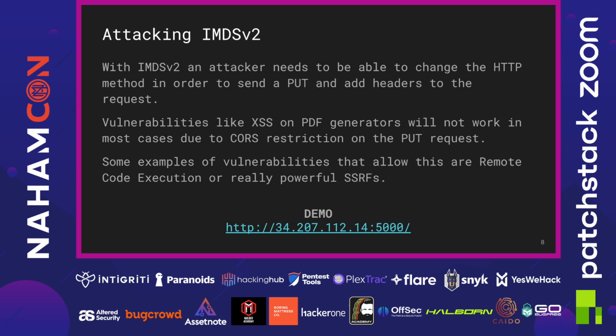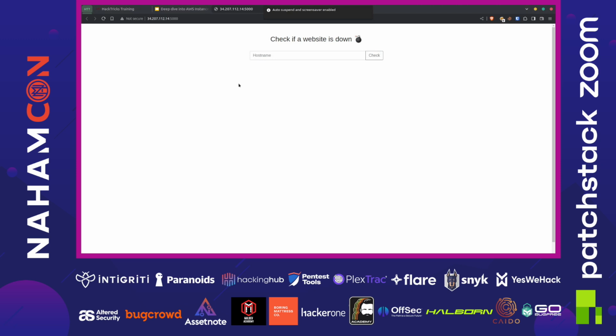So the vulnerabilities that do allow this exploit are code execution or really powerful SSRFs in which you can specify what kind of method and headers you want to include. So some kind of really flexible proxy, maybe you can do this, but in general, I would say SSRFs are no longer a threat to IMDS v2.